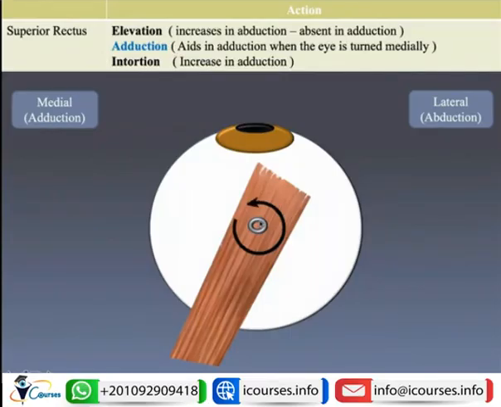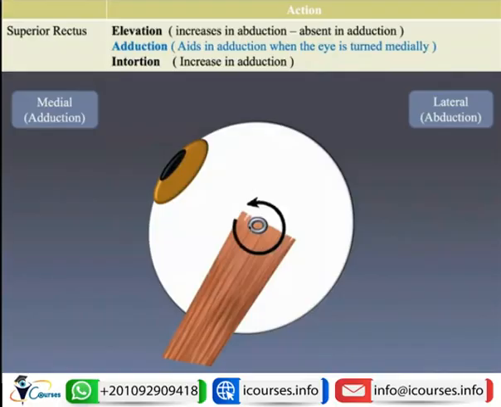So if the eye is adducted, there will be an increase in the adduction. The muscle will aid in adduction when the eye is adducted. The main adductor of the eye is the medial rectus, but the superior rectus will be able to increase the adduction when the eye is turned medially.